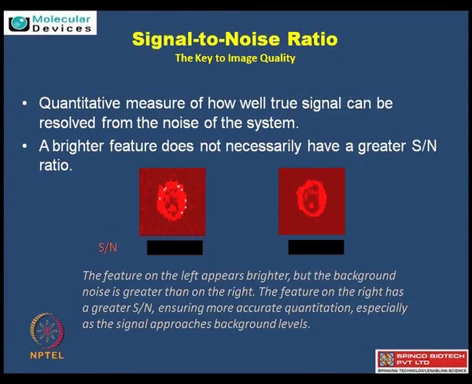So while you are scanning a slide, you can always look at that. One definitely needs to adjust the signal to noise ratio to achieve very good image quality, and simultaneously perform the PMT adjustment as well as other parameters.